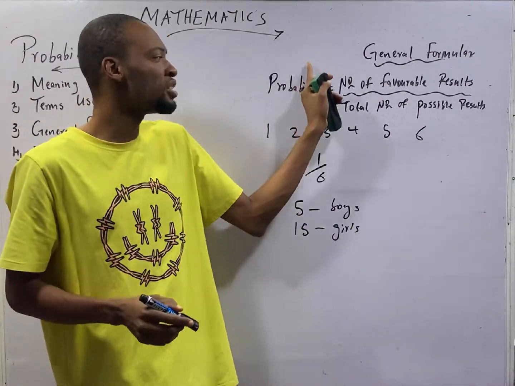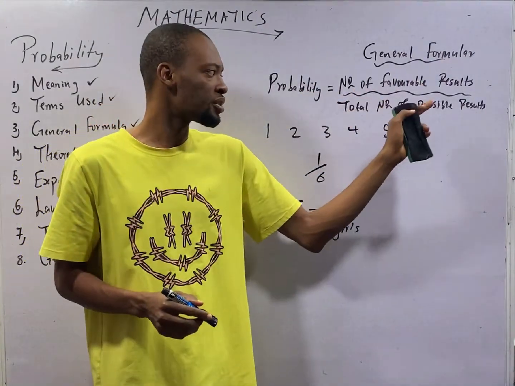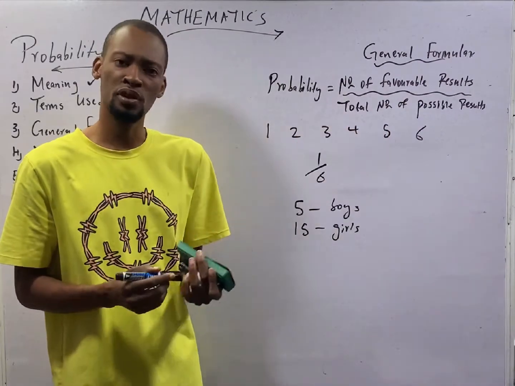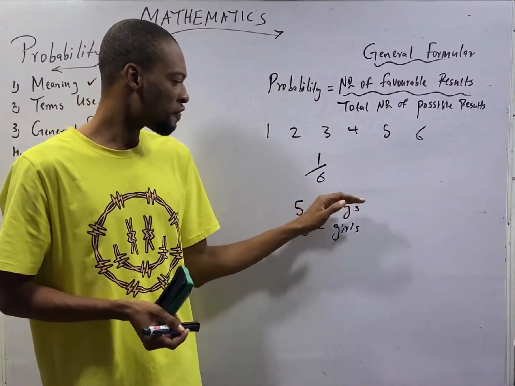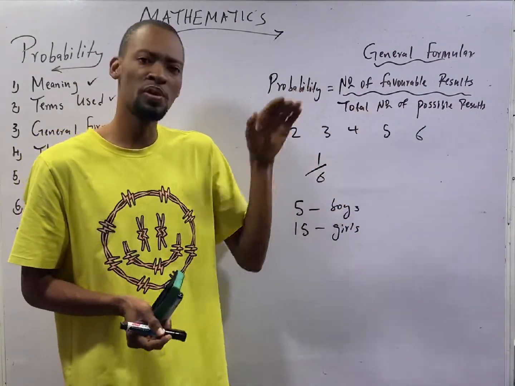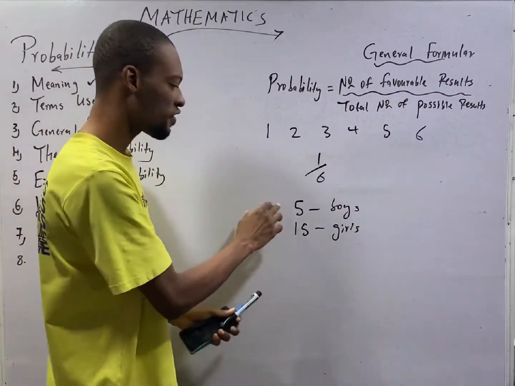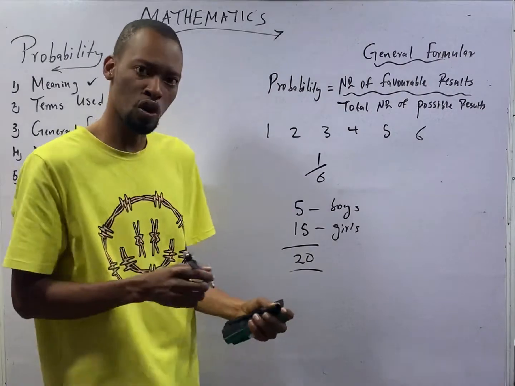You go back to the general formula. Probability is the number of favorable results over the total number of possible results. Now, if we have 5 boys and 15 girls, the total number of possible results is 5 plus 15. That is 20. True or true?